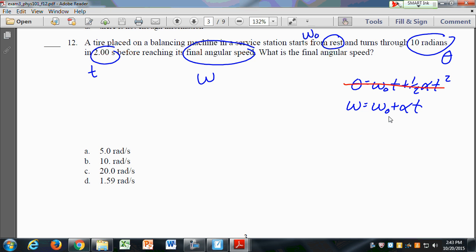So I know theta. Theta you don't really need in this problem. Just sort of threw it in there because, you know, that's the kind of guy I am. But I'm going to use the second one. I say omega equals omega naught, that's 0. Wait, no. I do have to use the first one to find alpha.